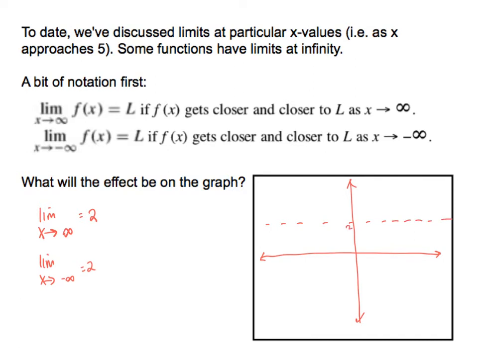So this is just one example of what this might look like. Okay. So on the far right, the graph does go on forever, and it approaches the y-coordinate of 2. Same idea on the far left side of the graph. The graph goes on forever, and it approaches the numerical value of 2.